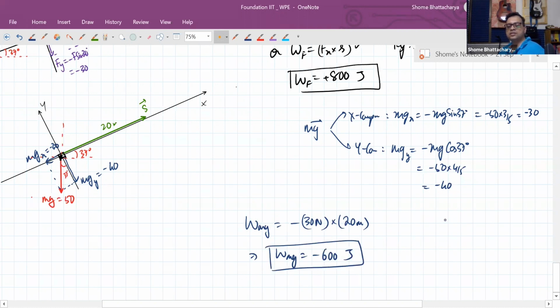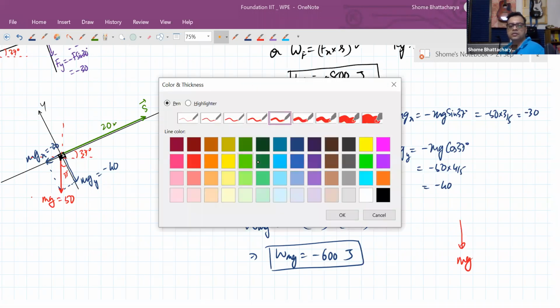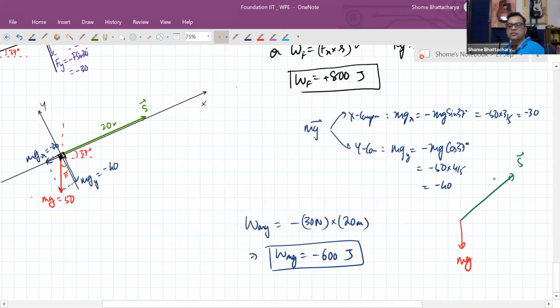Or you can also understand it this way: the angle between the weight and the displacement is 90 plus 37, or 127 degrees.